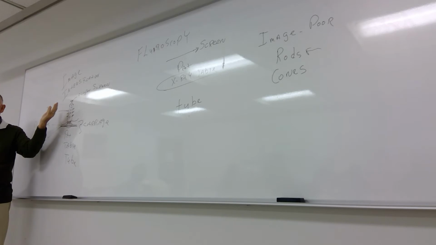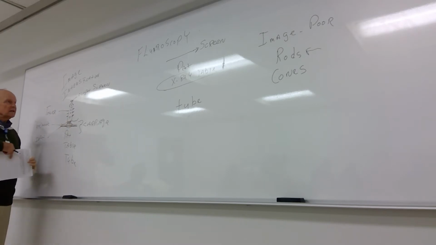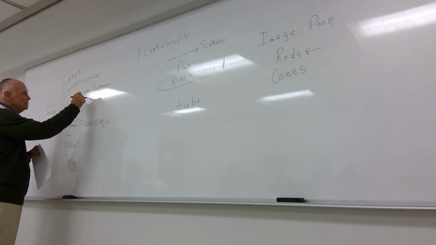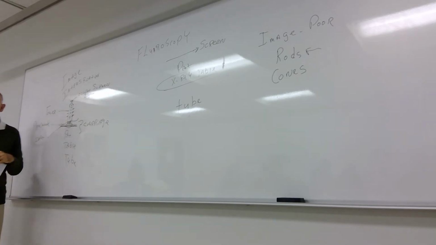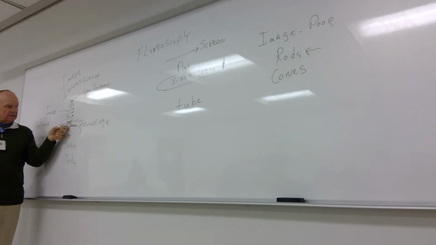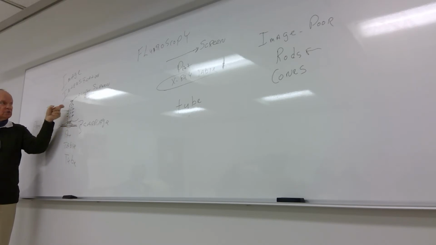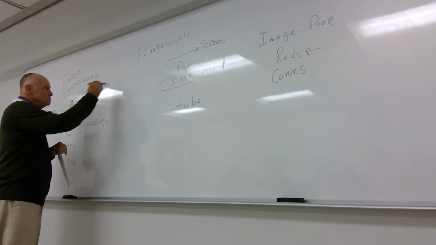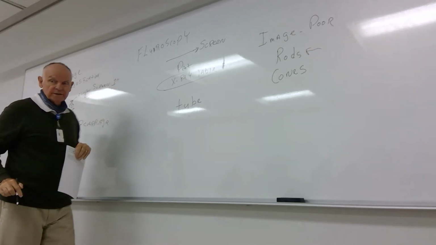I didn't tell you what the output screen is made of. It converts these electrons to light. So we have a lot of light up here. How do we get all this light? Two ways. We had maybe a 9-inch input screen, minified down to a 1-inch.